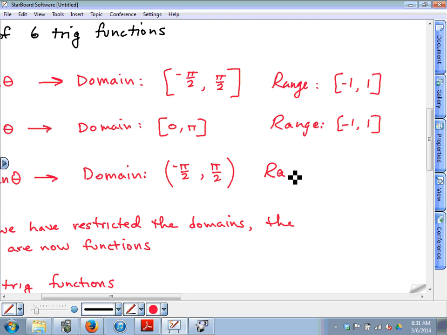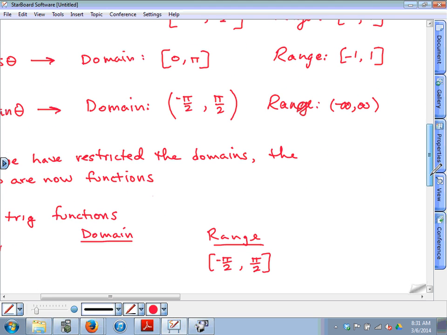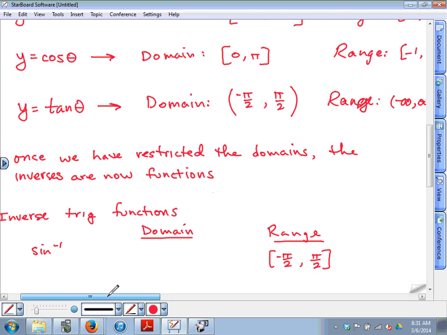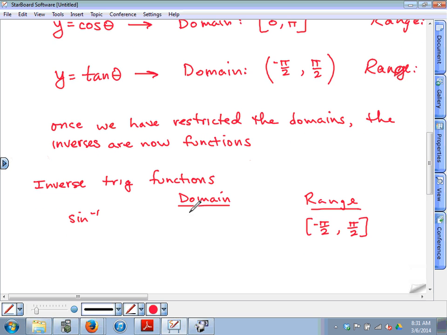The range for the tangent is actually all real numbers. So now that we know the ranges, those are the set of y values of the original functions. So if we now talk about the inverses, these set of y values becomes the set of x values. So the domain for the inverse sine is from -1 to 1.